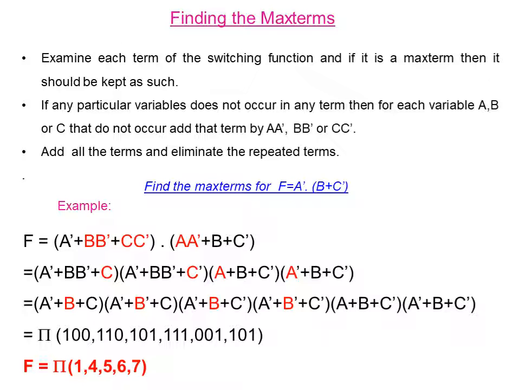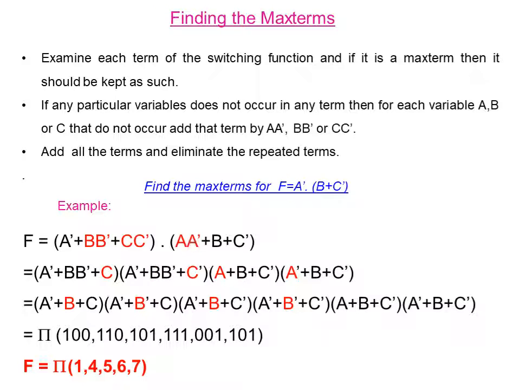So, now we will add the missing variables, B dash plus C dash. Then in the second max term, variable A dash is added. Now this is split into two max terms, like this: A dash plus B dash plus C, then A dash plus B dash plus C dash.